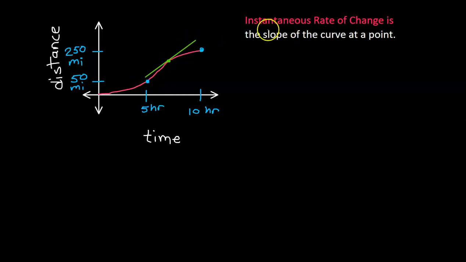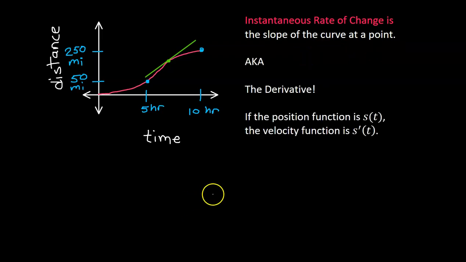In other words, instantaneous rate of change is the slope of the curve at a point. Where have I heard that before? That's right, it's the derivative. In other words, if the position function is s of t, then the velocity function will be s prime of t.